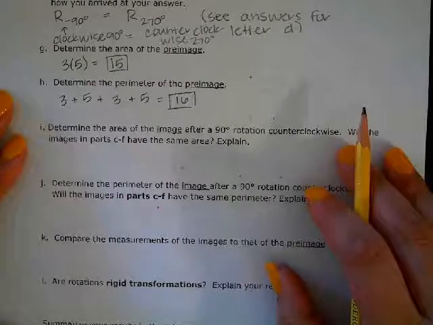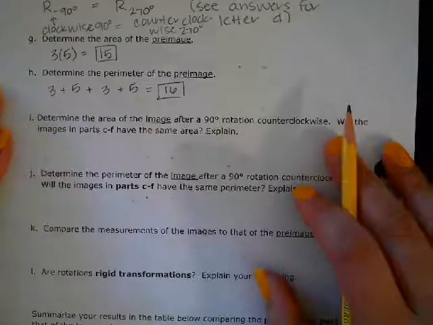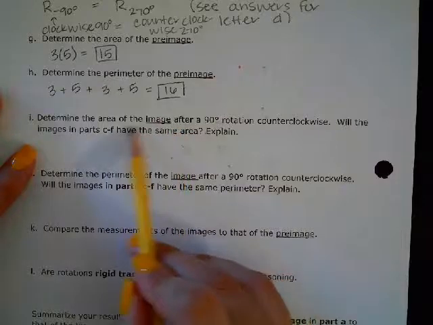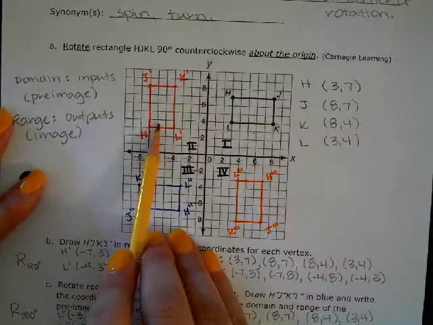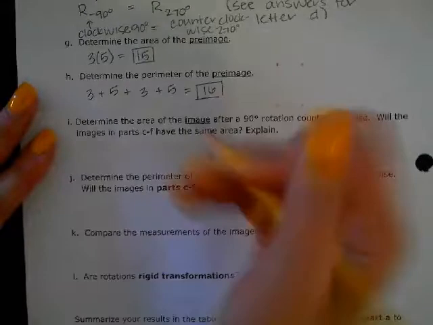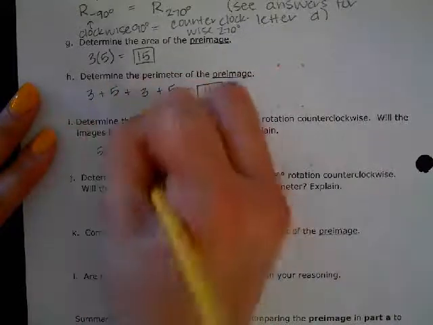Okay. Determine the area of the image after a 90-degree rotation. Okay, so what's the area here? 15. It's the same. But this one isn't 3 times 5, it's 5 times 3. 15. She's still not putting the units squared.